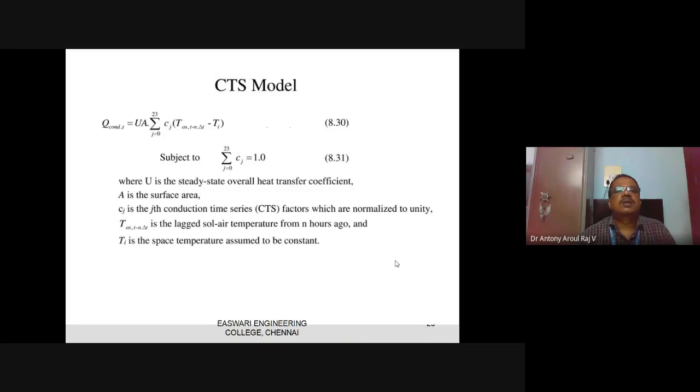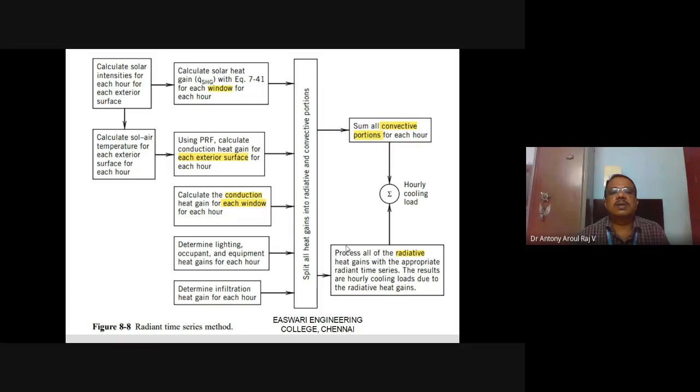So I have the CTS model. In the CTS model, what is happening? Convection will be separate. This is the flow chart. All the components we are splitting into radiative and convective components. Convective components we directly add to the corresponding hour.